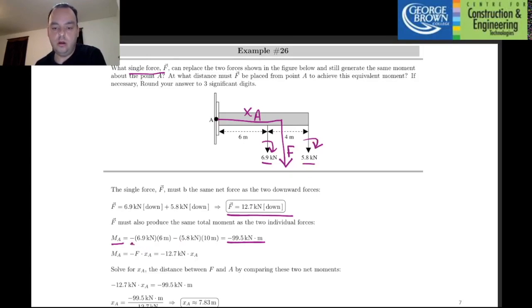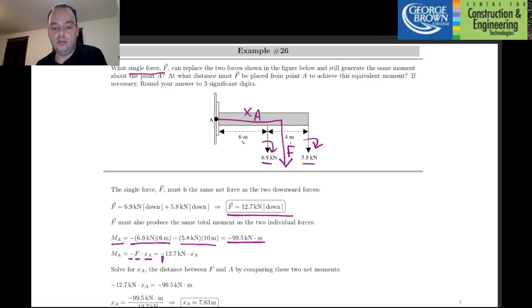And there they are. The 6.9 kilonewton force is 6 meters away from the point A, and the 5.8 kilonewton force is 6 plus 4, 10 meters away from the point A, its line of action. Next, the moment generated by F is given by F times its distance, xa, and a negative sign also because it is clockwise.